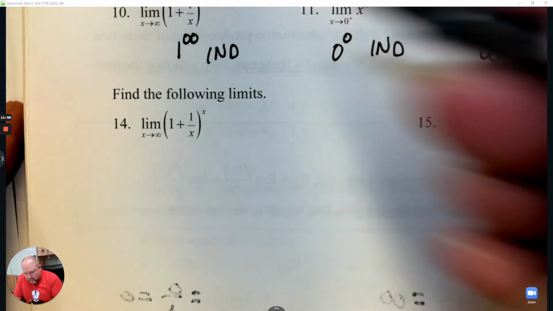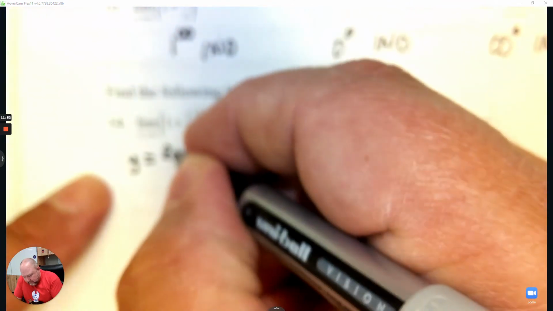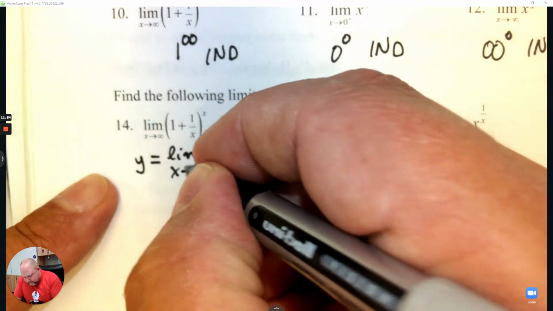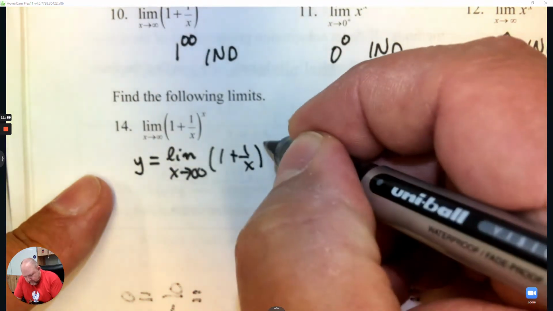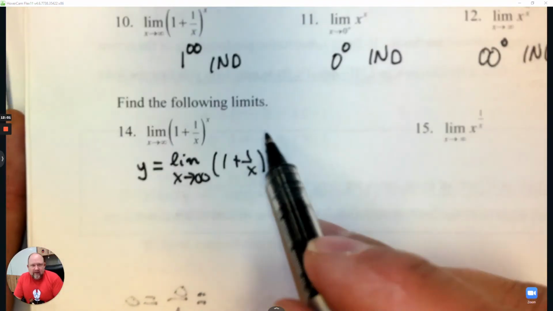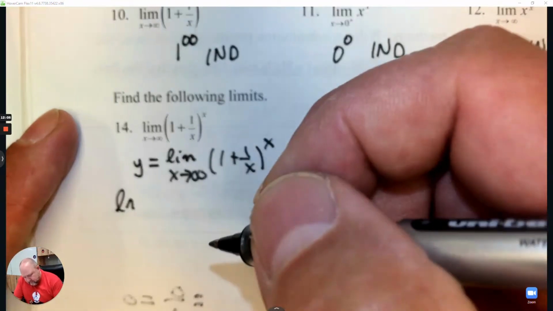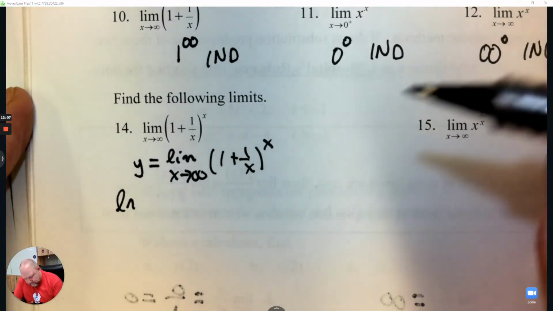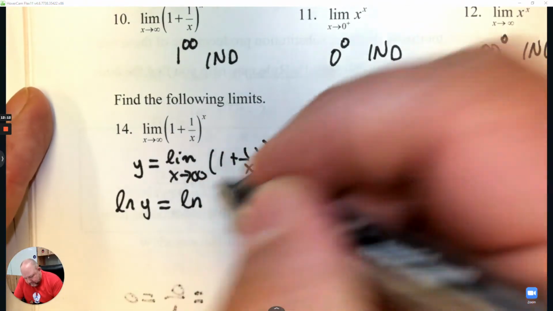All right, so step number 1, we're going to write down y equals this limit. We're going to create an equation. Because we're solving an exponential, we're going to write it as a logarithm, and we're going to use ln for our logarithm.